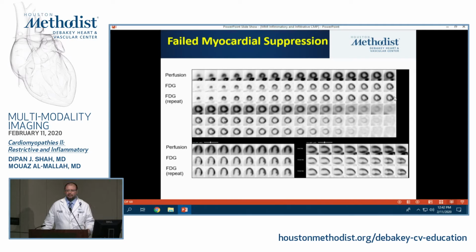We want to make sure that we get the appropriate study. And he clearly told us that he did follow the diet, and despite that, you can clearly see that we're still unable to suppress the myocardium. So this is one case where we technically failed to suppress the myocardium. I don't know why, but this is a patient that we could not make the diagnosis. I wouldn't call all of this inflammation.